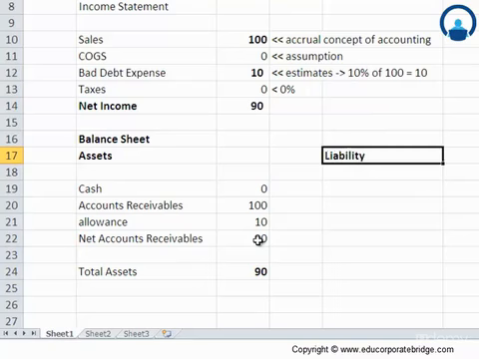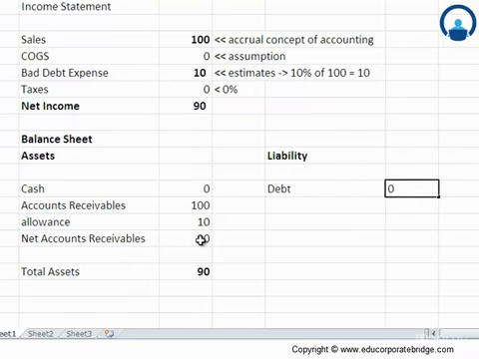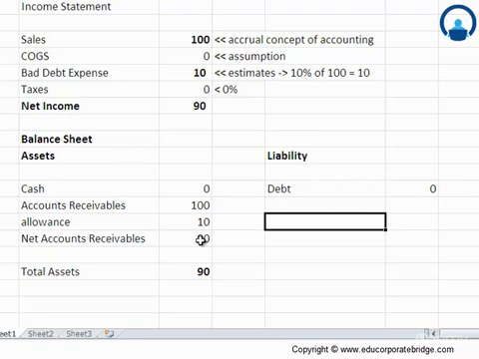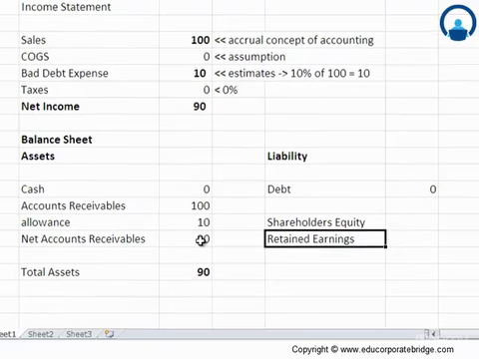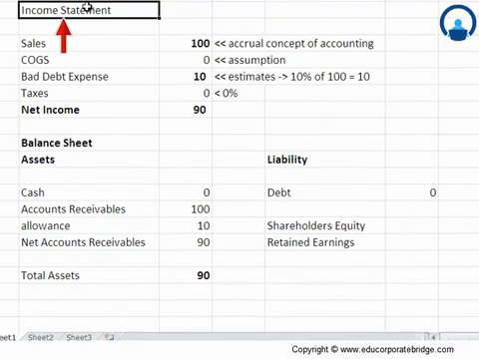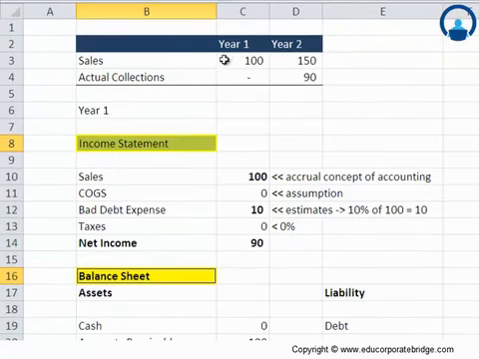Liabilities actually start with debt, and we'll assume that these are 0, so that no complexities are introduced at this stage. The other term that is important here is shareholders equity, and within shareholders equity we have a term called retained earnings. What is important for us to note here is the linkage between the income statement and the balance sheet. We have earlier discussed this in our case study.